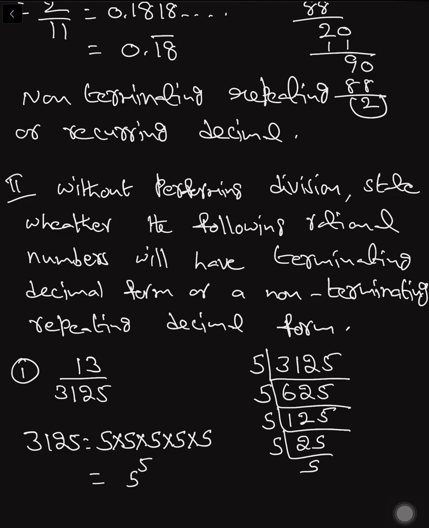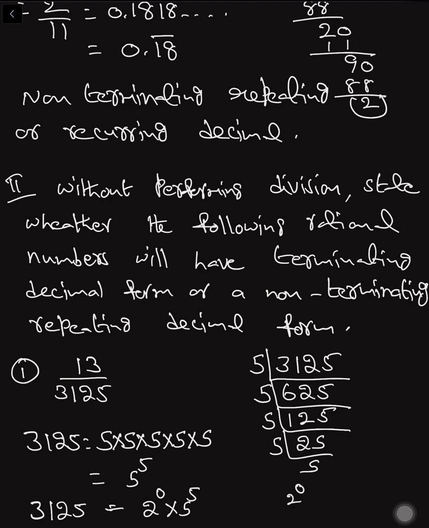So 3125 is in the form of 2 to the power of n, 5 to the power of m. Here n is equal to 0. 3125 is equal to 2 to the power of 0 into 5 to the power of 5.